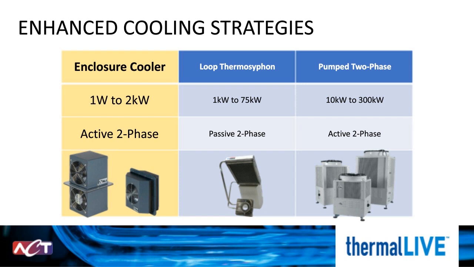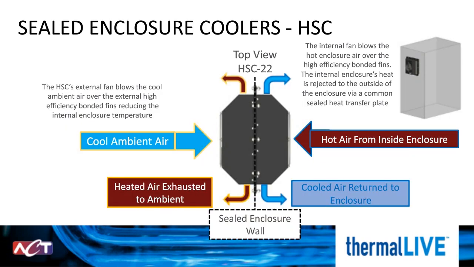The simplest form of the enclosure cooler is called the HSC, or heat sink cooler. This cooler uses a sealed, forced air finned heat sink that conducts the heat from inside the enclosure to the outside. Hot air from inside the enclosure is brought to the cooler via the internal fan. That hot air heats up the fins and conducts to the fins on the external side of that cooler.